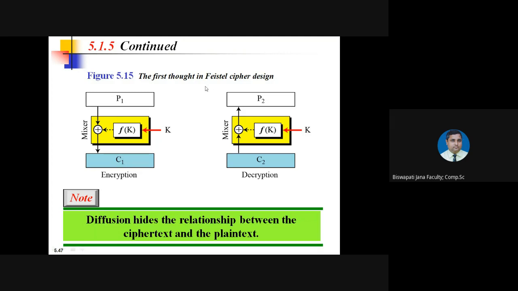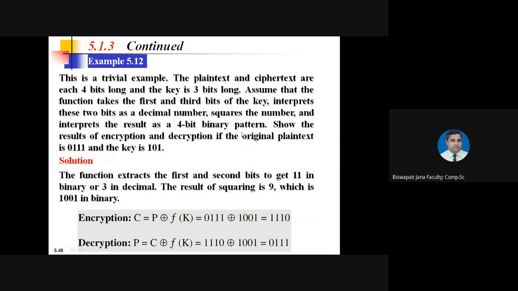This is the first thought in the Feistel cipher design. And then this ciphertext is XORed again to get the plain text. So diffusion hides the relationship between the ciphertext and plain text.